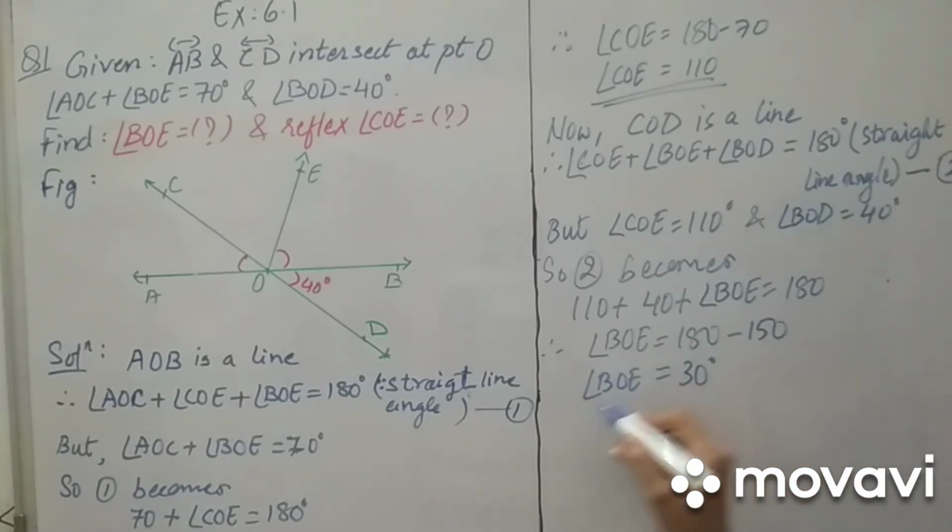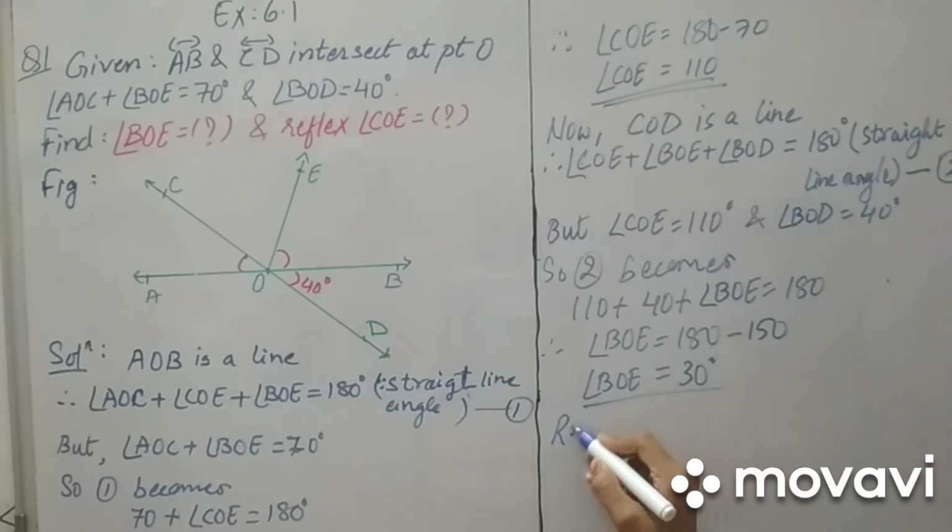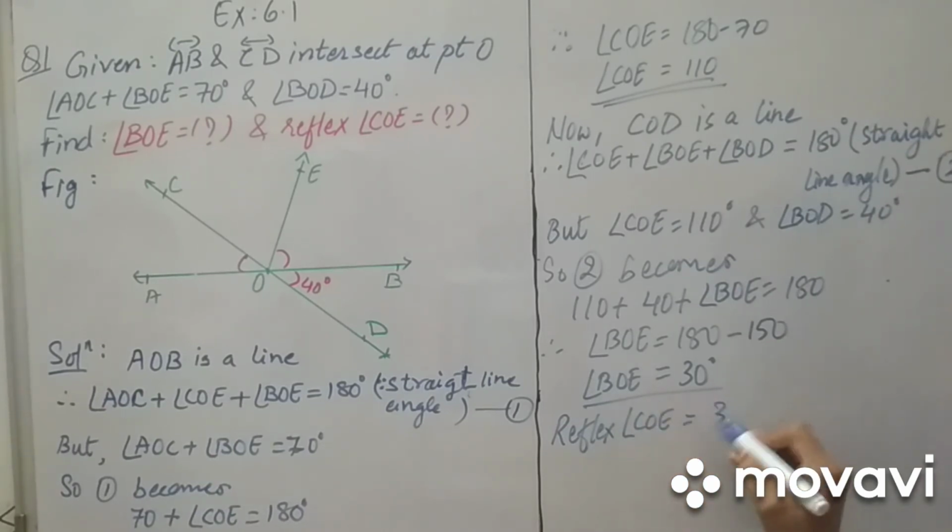Angle BOE is 30 degrees. Now, reflex angle COE, we want to find it. So, reflex angle COE is 360 minus angle COE, that is 360 minus 110. This will give me 250 degrees.